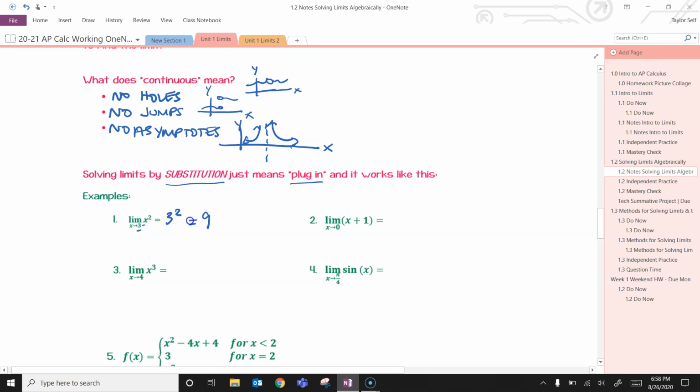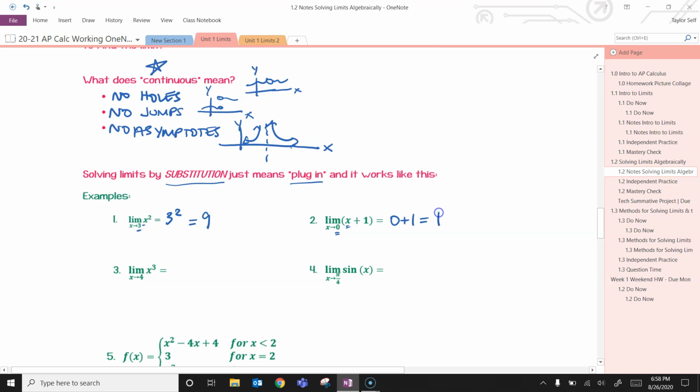Done. It's that easy. I'm going to show you one more, and then you're going to do the next two. The limit as x approaches 0 of x plus 1: we plug 0 into x, so that's 0 plus 1 equals 1.